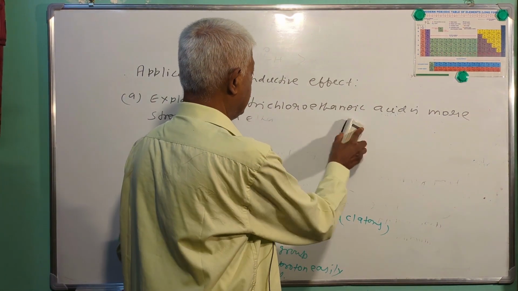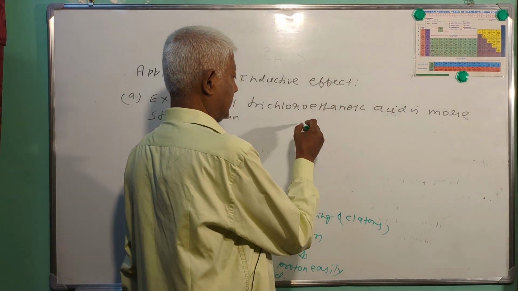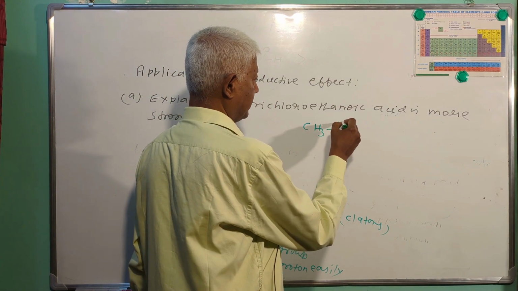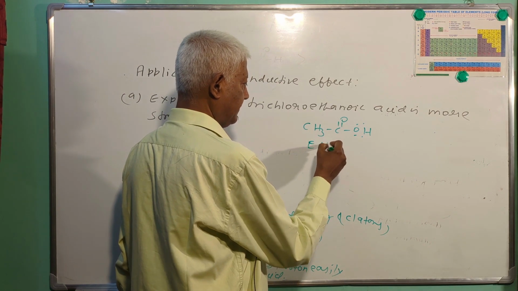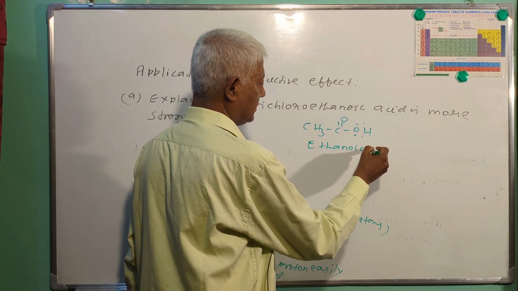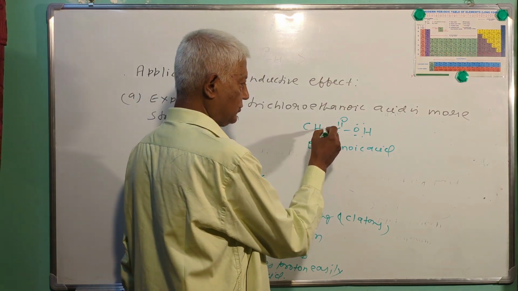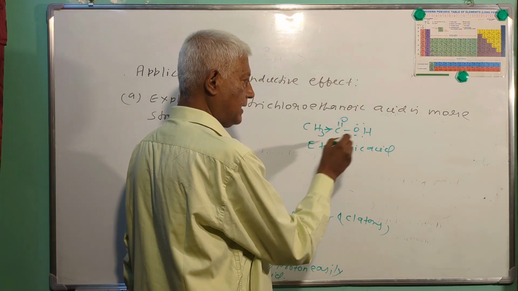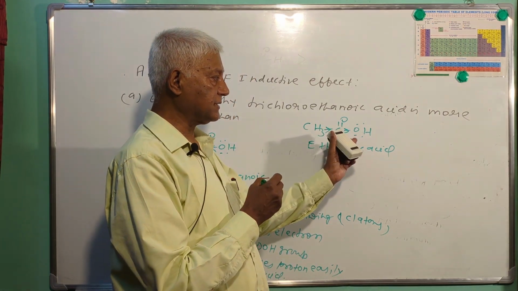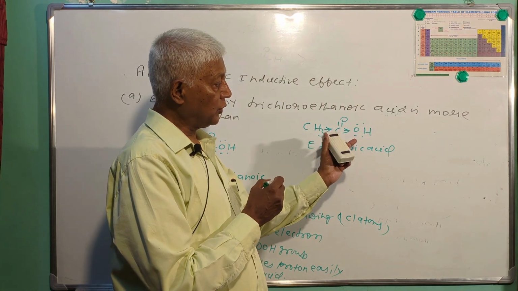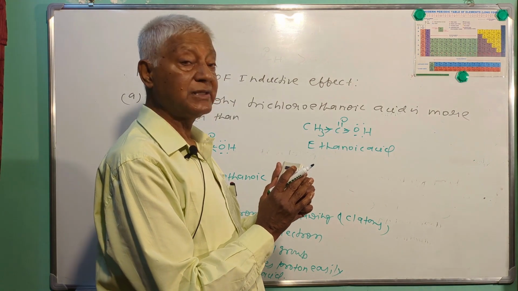Now see CH3COOH, that is ethanoic acid. You know all alkyl groups are electron donating groups, which means they increase the electron density here. So we can remove the acidic hydrogen, no doubt, but with difficulty.